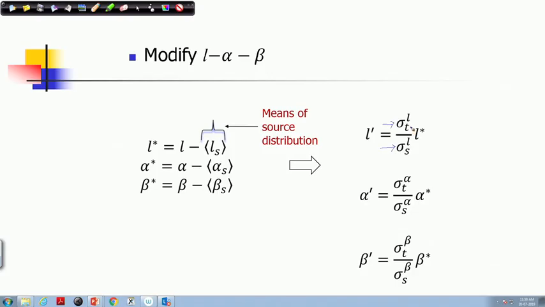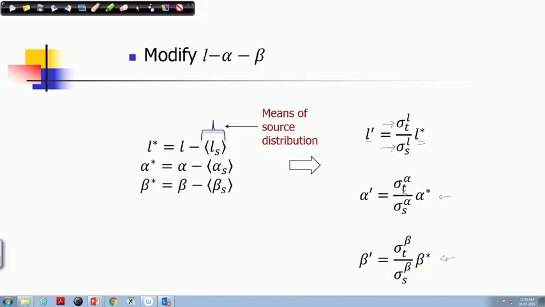So, if I multiply the modified luminance value with this ratio, or these proportional factors, then actually you are making the standard deviation of the modified distribution the same as the standard deviation of the target distribution. That is what you are performing by doing these operations, and you are doing it for every component in the same way.